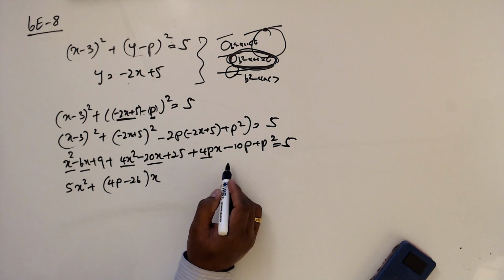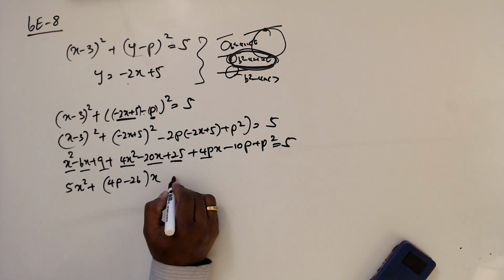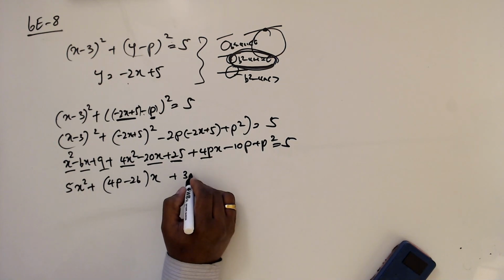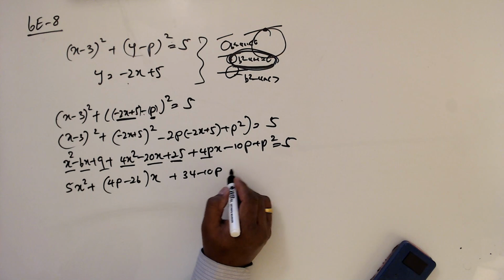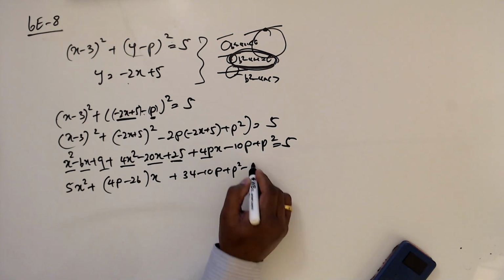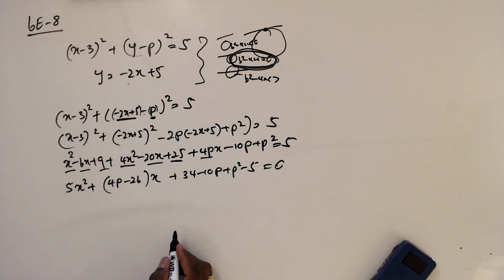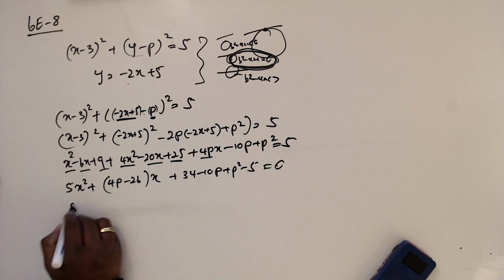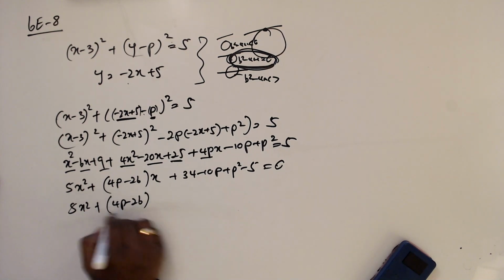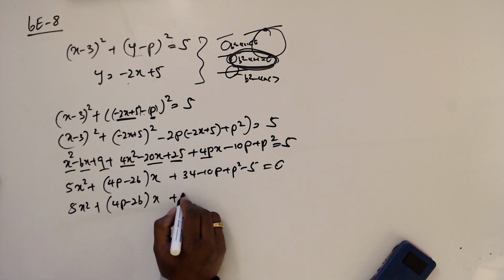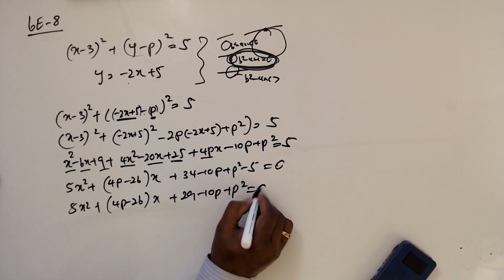Now plus 9 plus 25 is 34, minus 10p plus p² minus 5 equals 0. So 5x² plus (4p - 26)x plus 29 - 10p + p² equals 0.